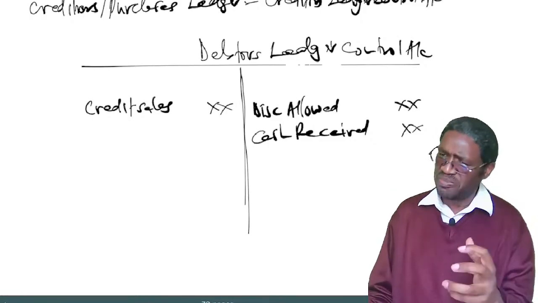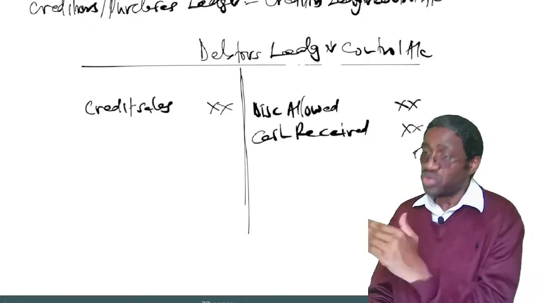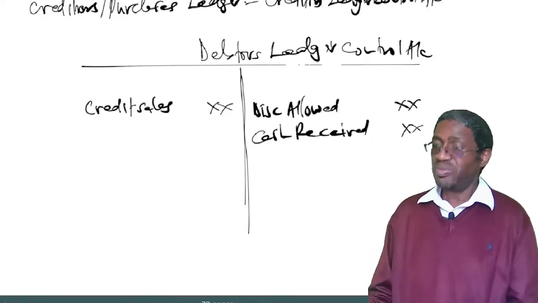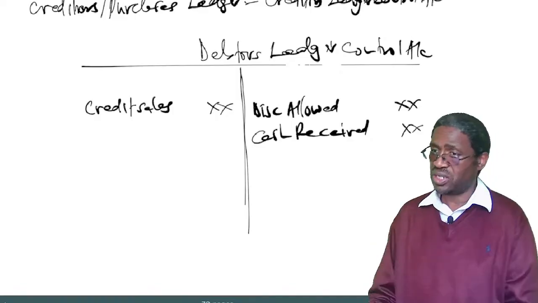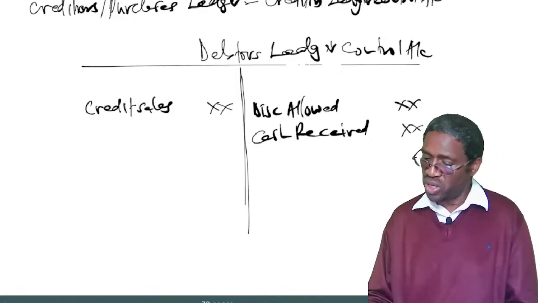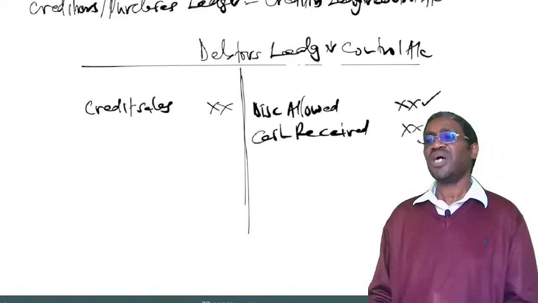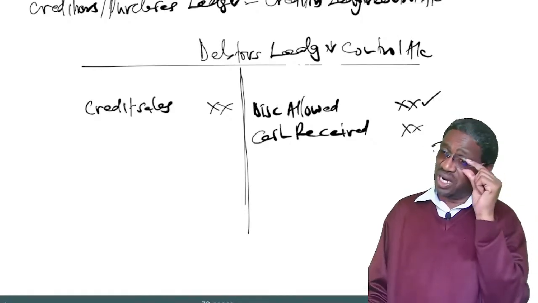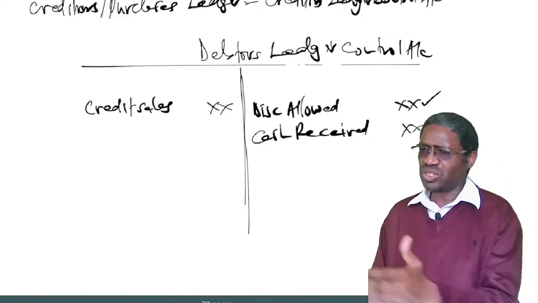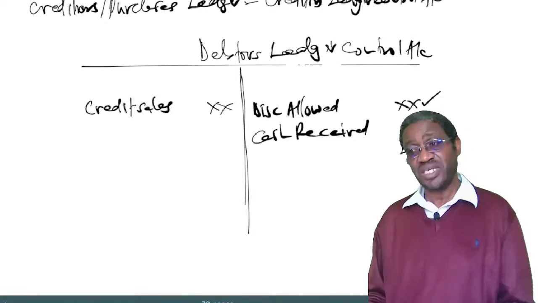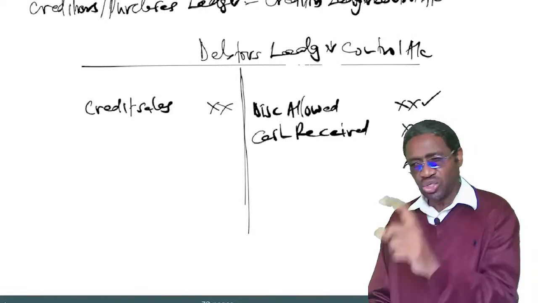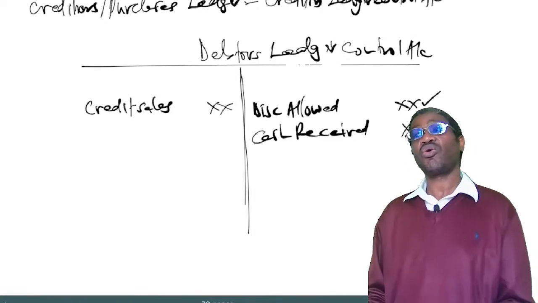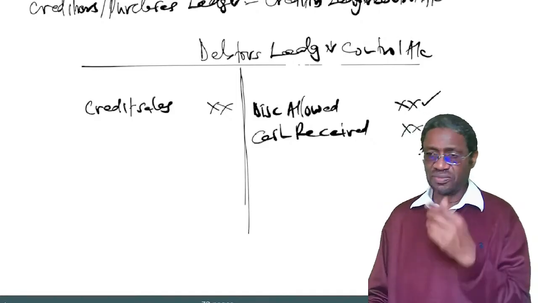So you debited bank with what you received and you credited debtors. But Kamau was allowed a discount. So with that discount, you credit the debtors account and you debit discount allowed. Because discount allowed is normally credited in the debtors account, that should also be credited in the control account.